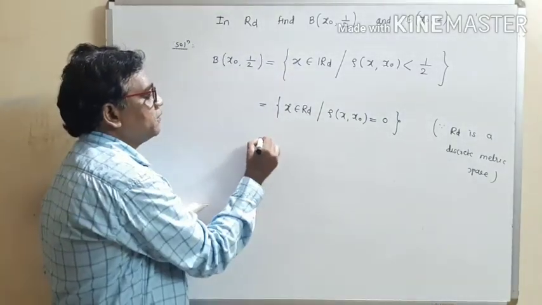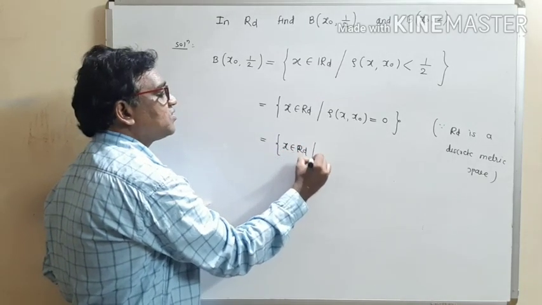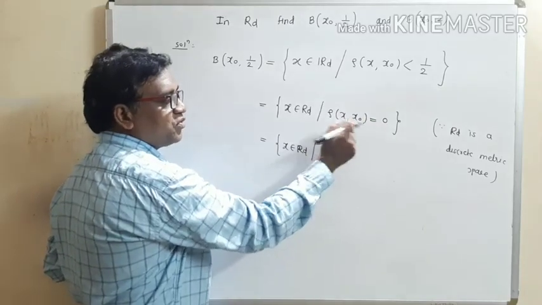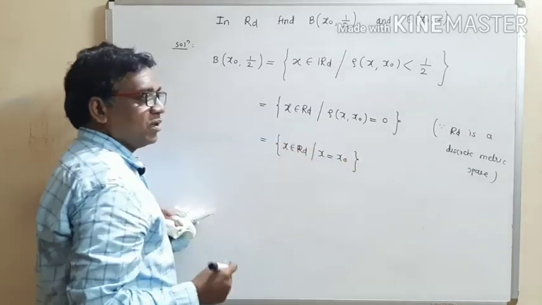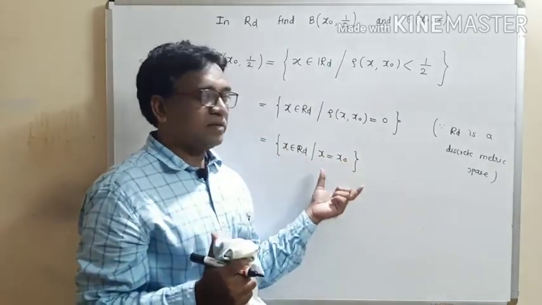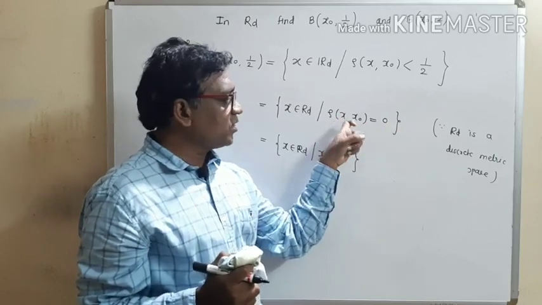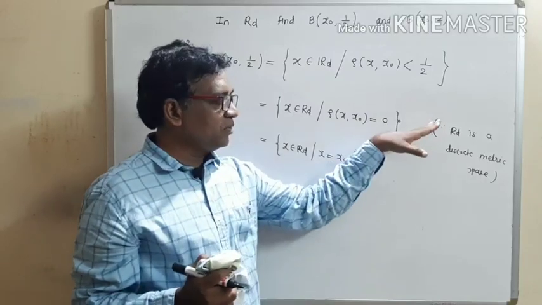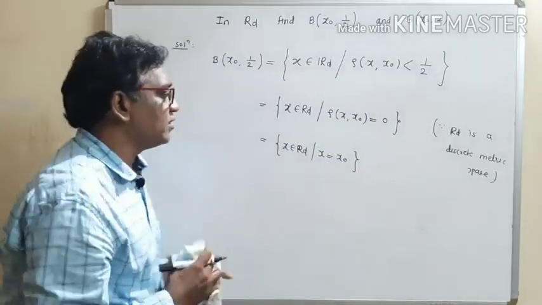So this is equal to the set of all x in RD such that the distance is equal to 0. Distance equal to 0 means they are the same point, x is equal to x0. Because in a discrete metric, if the distance is 0 then they are the same point. So the distance between x and x0 equal to 0 means, according to the definition of discrete metric space, we can write x equal to x0.